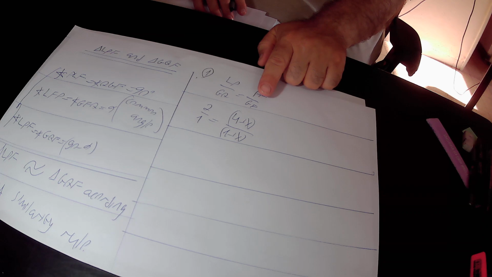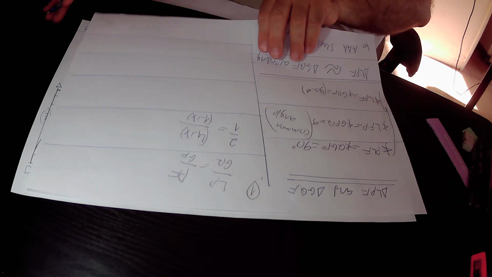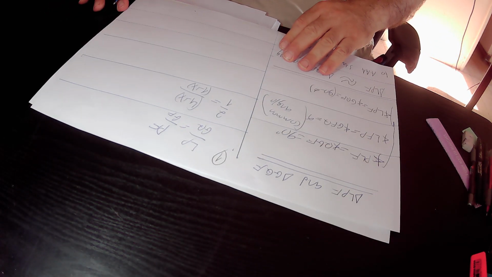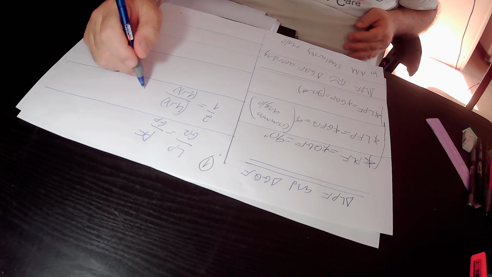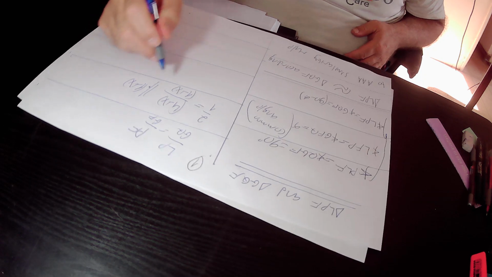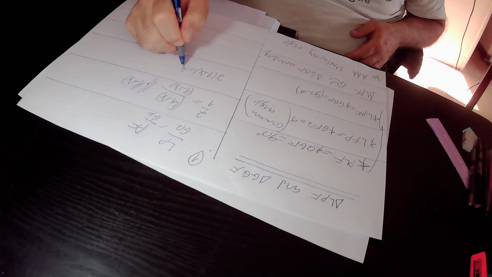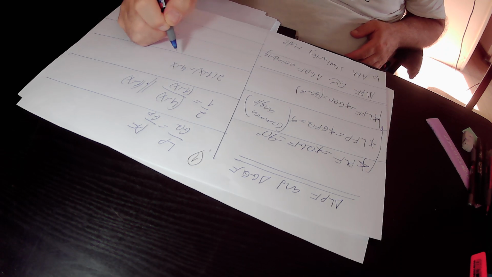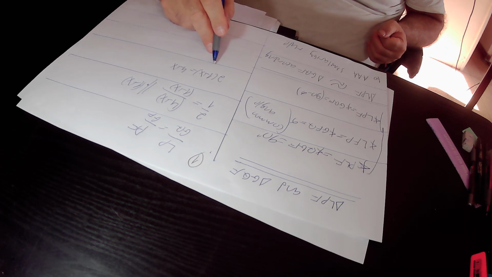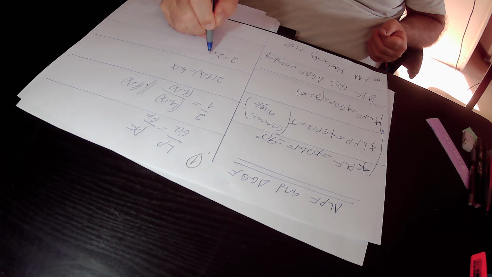Here we multiply this equation by 1 plus x, and we get that 2 times 1 plus x equals 4 plus x. Here we'll open the brackets of this side of the equation, and we get that 2 times 1 is 2 plus 2x equals 4 plus x.